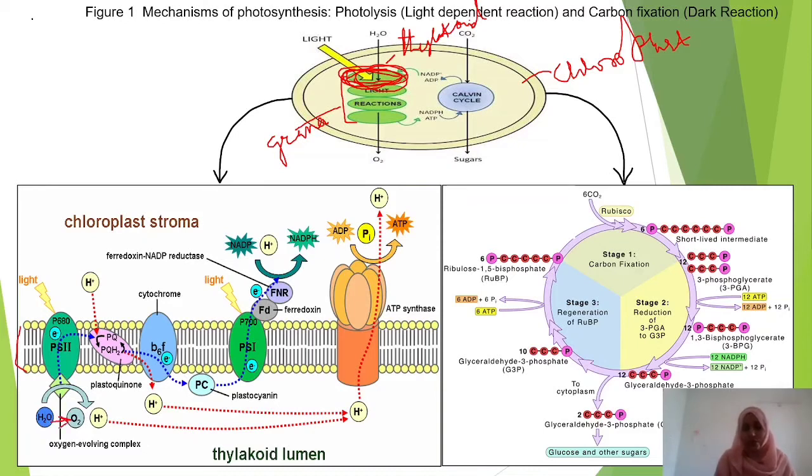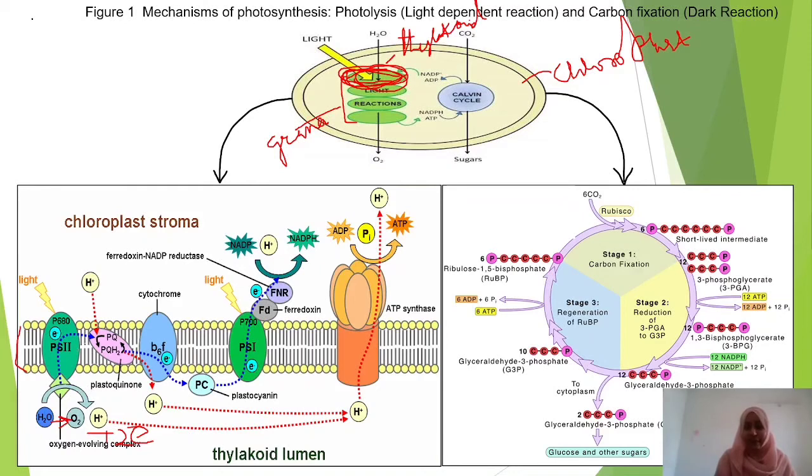This photolysis of water releases an oxygen atom, hydrogen ions, and two electrons. These two electrons compensate for the electron which is lost during the photosystem second event.